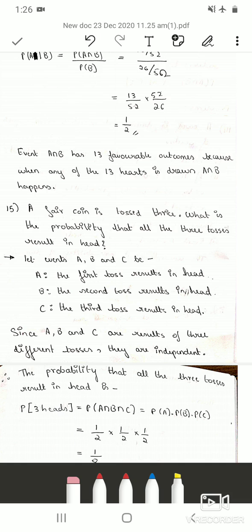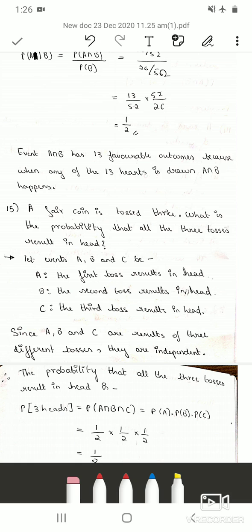So here when we toss the first coin, we have taken event A as the first toss results in head, similarly B and C. Since A, B and C are the results of 3 different tosses, they are independent. Because head and tail cannot appear together, therefore it is an independent event.